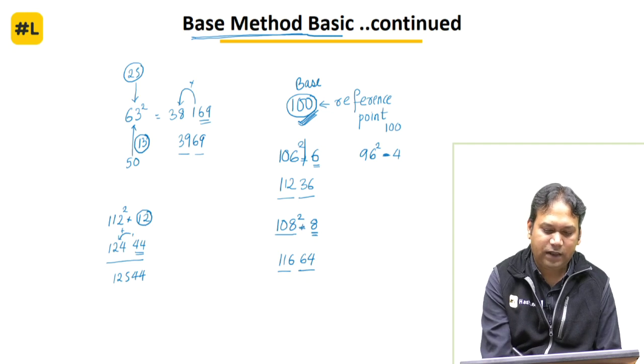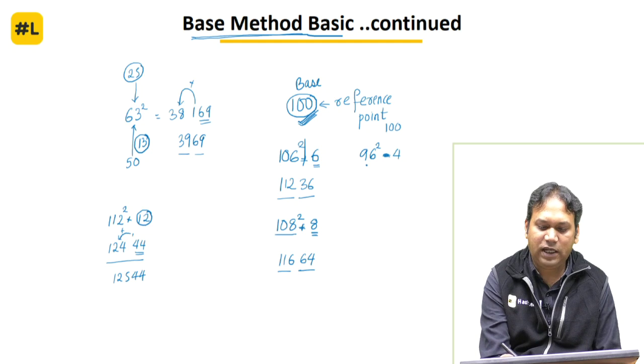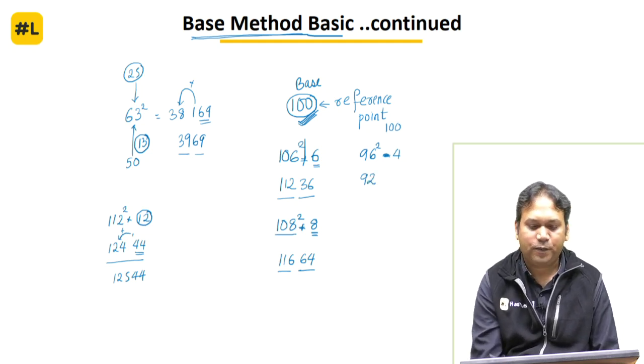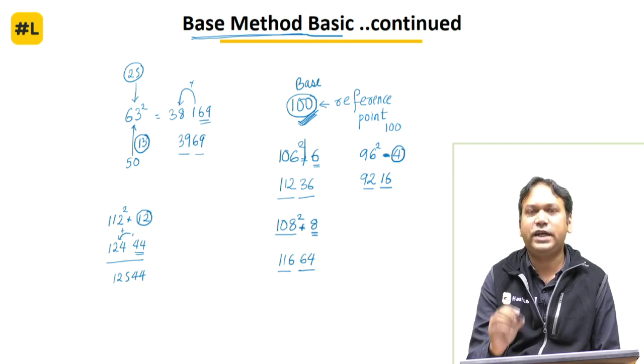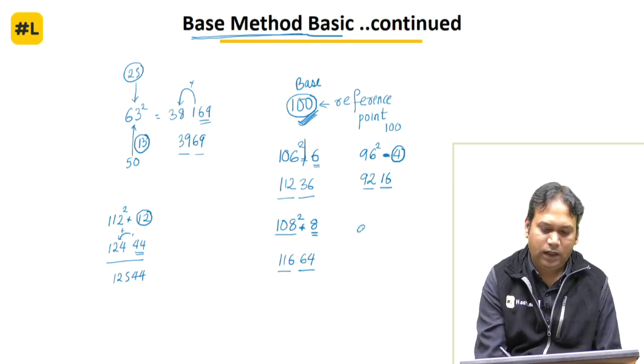Here in this case we are adding before, here we are subtracting. 96 minus 4 is 92 and 4 square is 16, 9216 within seconds.